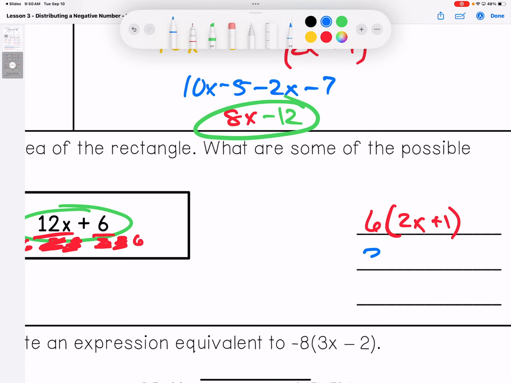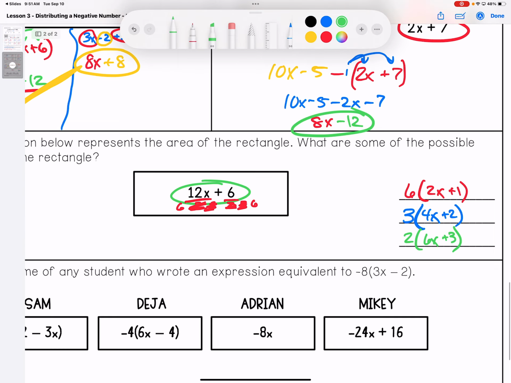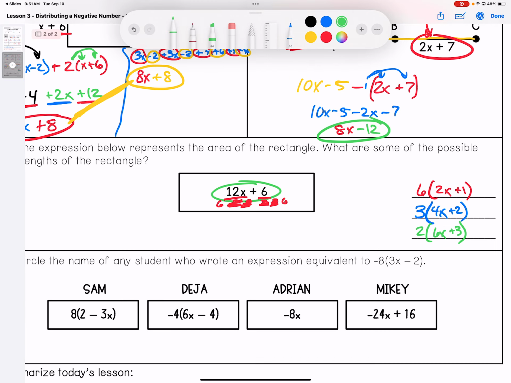I said a 3. 12 divided by 3 is 4x. 6 divided by 3 is 2. And the last one, I could take out a 2. 12 divided by 2 is 6x. 6 divided by 2 is 3. So any of those, you could take out 6, 3, or 2. So those are some possible lengths of the rectangle.